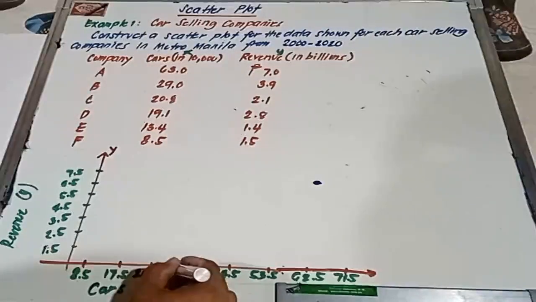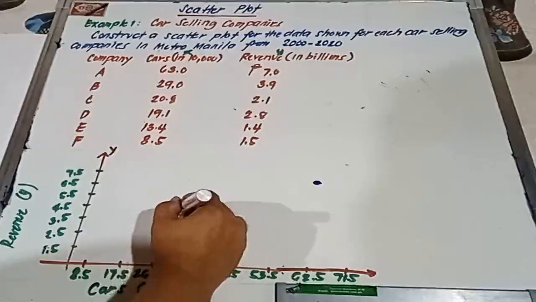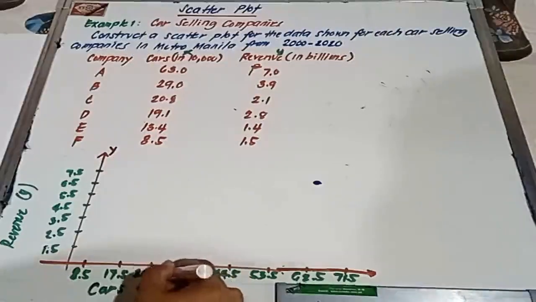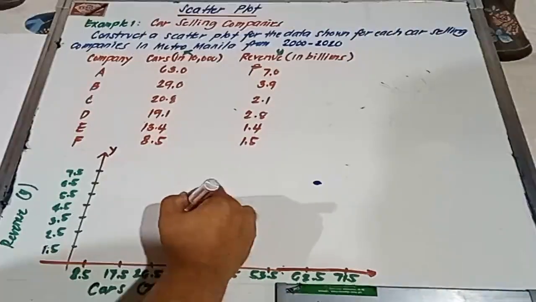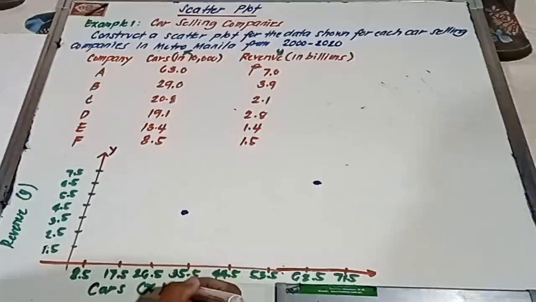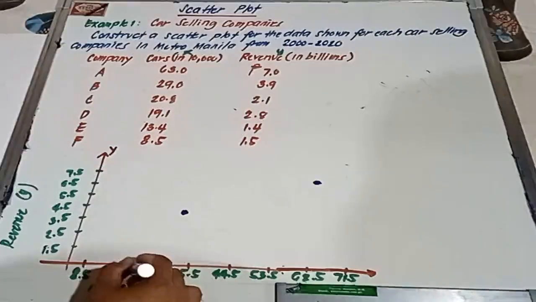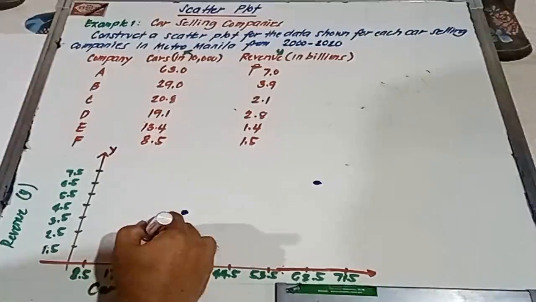And then 3.9. 3.9 dito. 29, 26.5 somewhere here. And then 30.9. So ito. And then 20.8. 20.8 somewhere here. And then 2.1. So nandito.